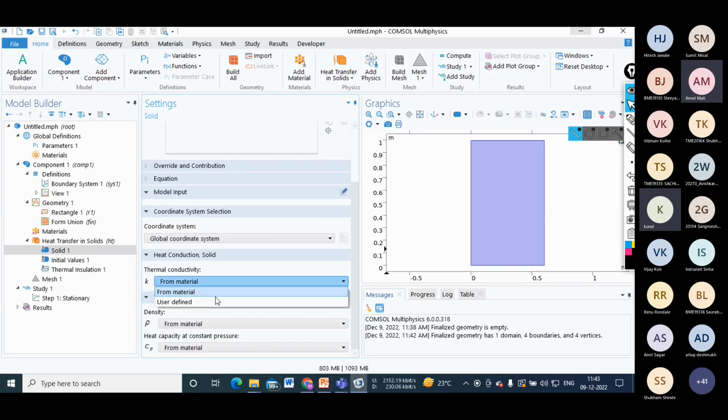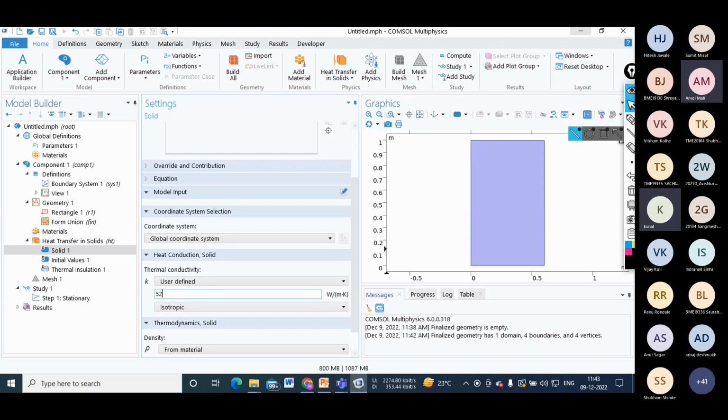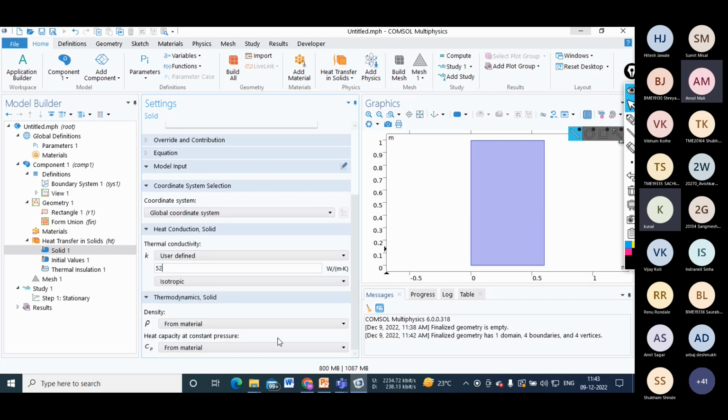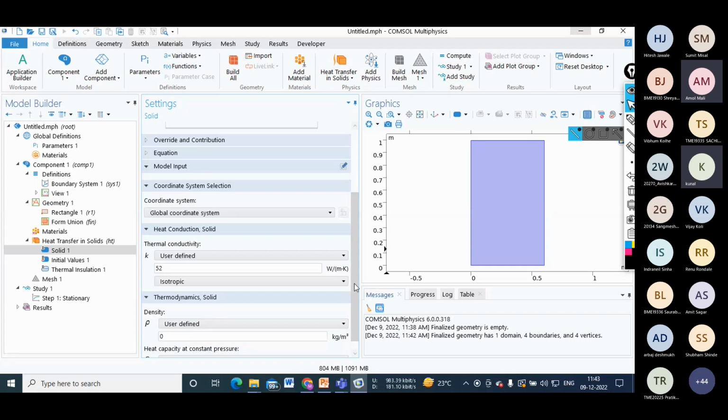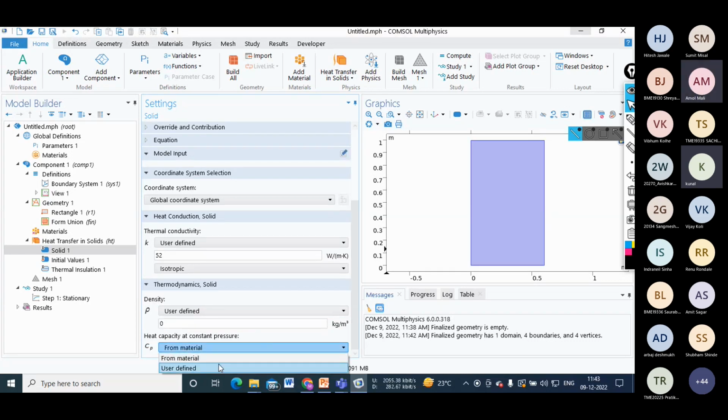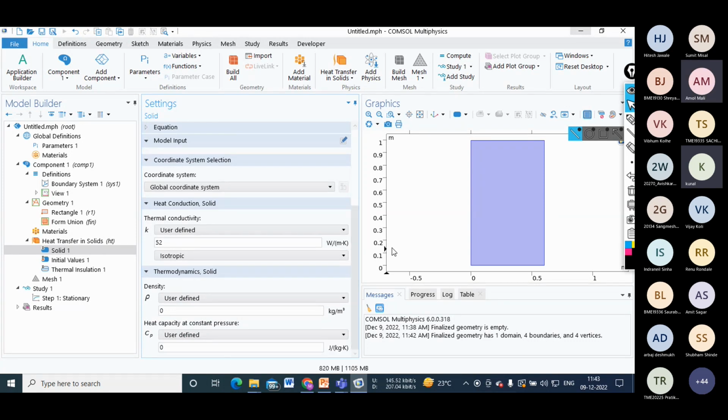So here what we'll do, user defined thermal conductivity, user defined thermal conductivity is 52, and they have not provided the density. So we'll take density 0 and CP heat capacity I will take 0. The reason behind this is for a 2D component there is no volume, but for 3D components volume is present. 3D component का volume रहता है क्या?